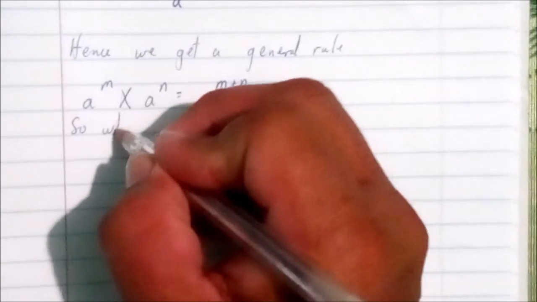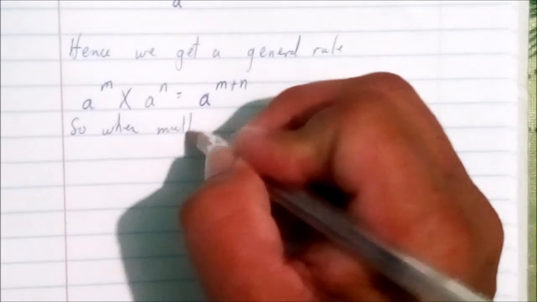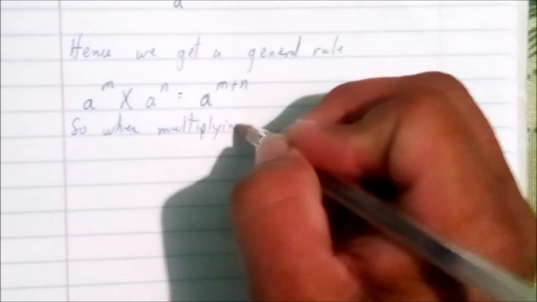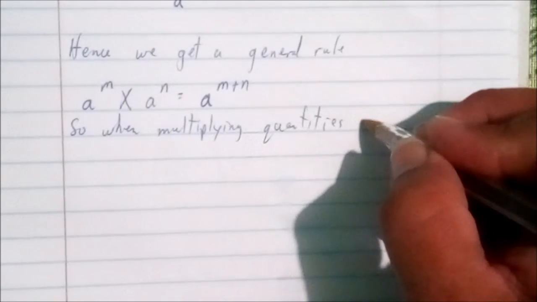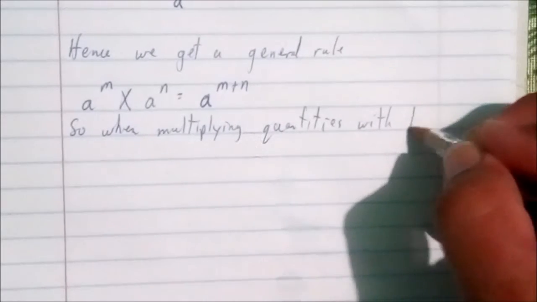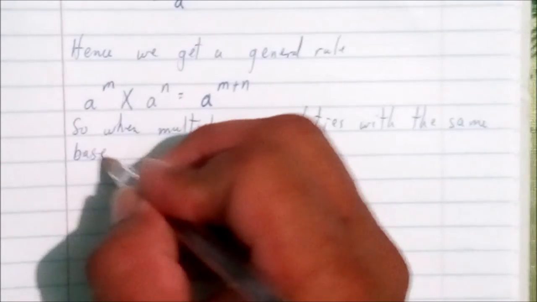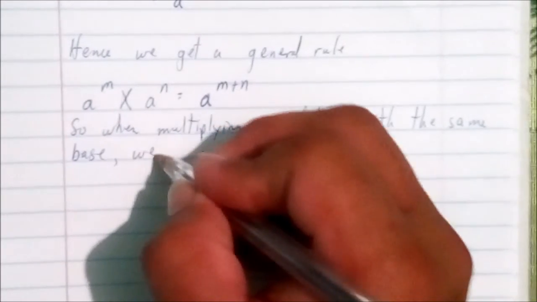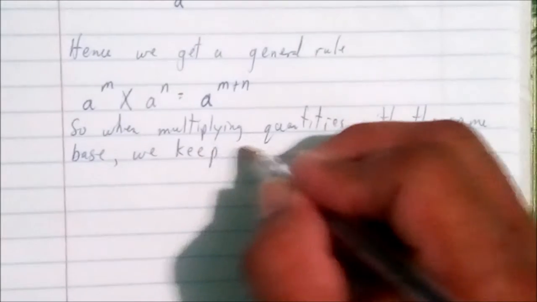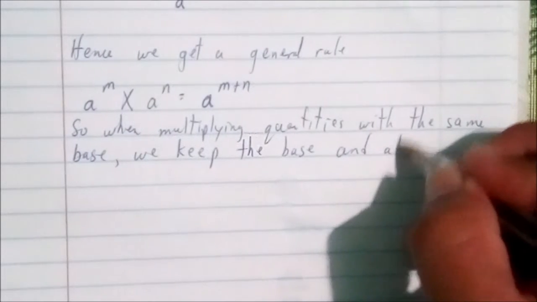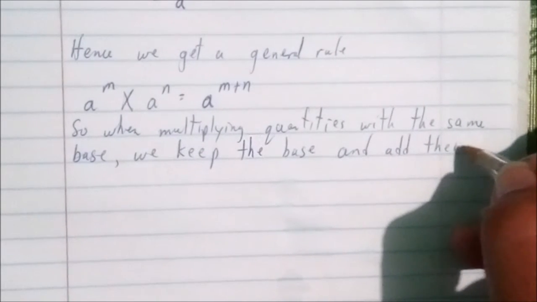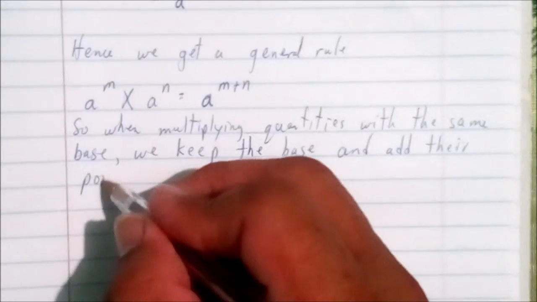So for this, you're going to say: when multiplying quantities with the same base, we keep the base and add their powers.